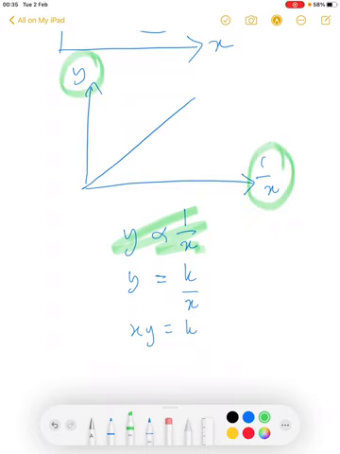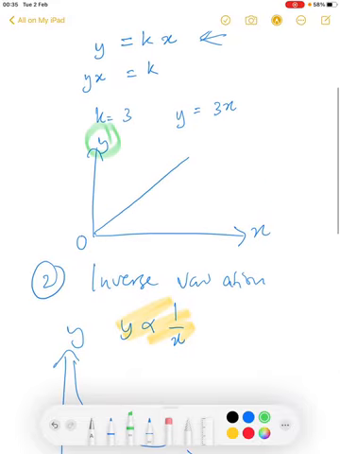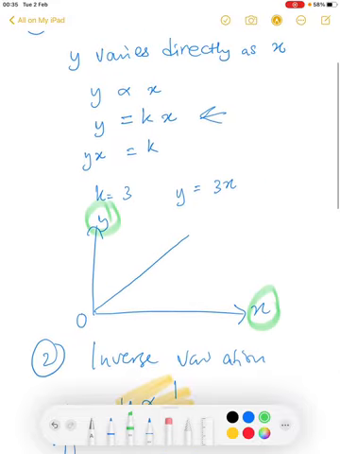Can you see that? Just now we had y versus x for the direct variation, because y is directly proportional to x.